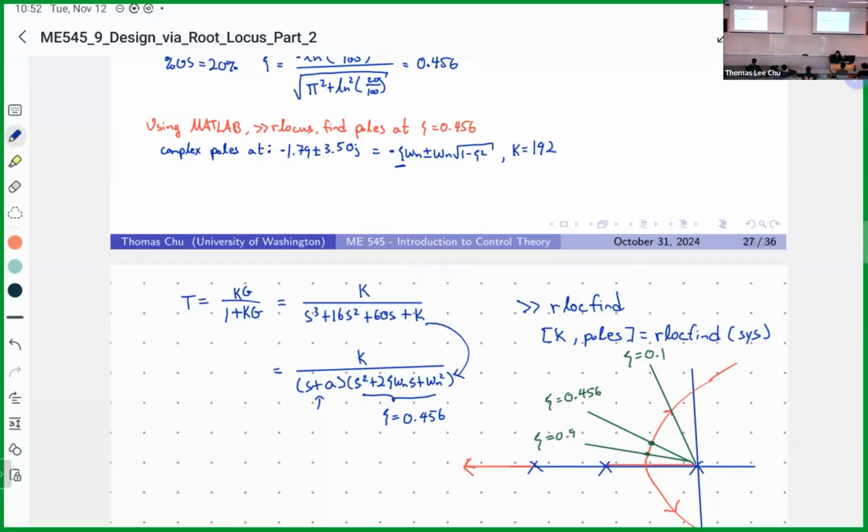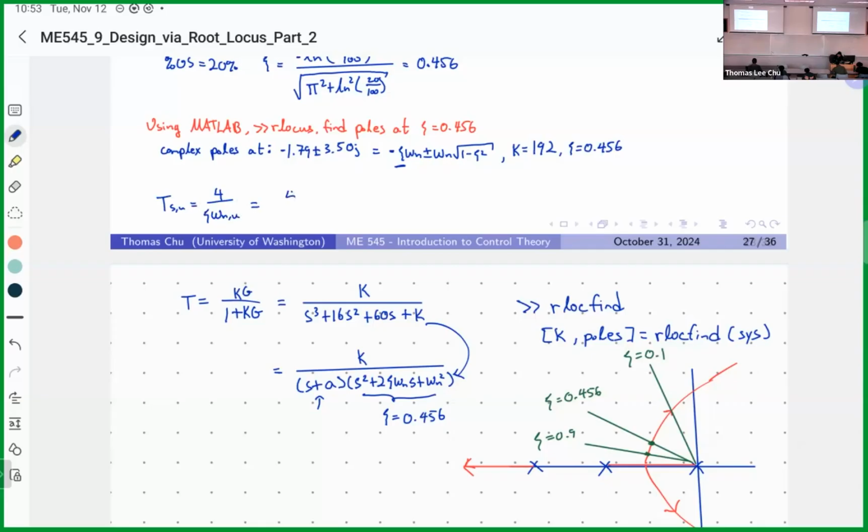Just from the root locus though, if I were to choose this point here, minus 1.79 plus 3.5j, I get a gain of 192 and a damping ratio of 0.456. So using second order approximation, the settling time is going to be 4 divided by zeta omega n. I'm calling this omega nu, which is for the uncompensated system.